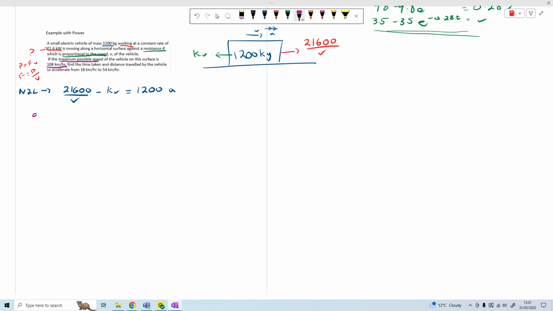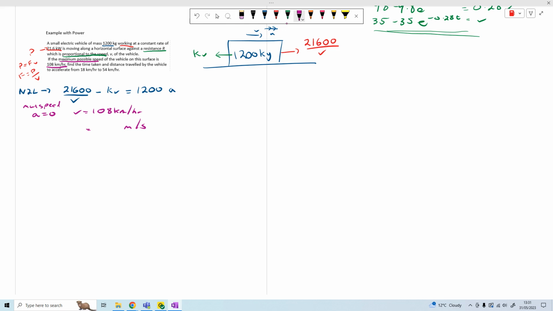So I know at the maximum speed, A is 0, so this is max speed. I know V is 108 kilometers an hour, which doesn't really help me because I need it in meters a second to do anything. So I need to change 108 into meters a second. We're going to times by 1,000, then divide by 60, divide by 60 again.